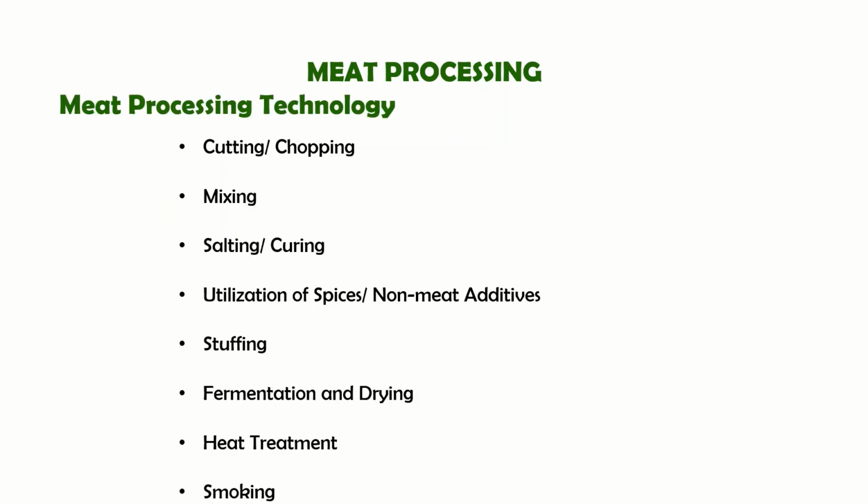Meat processing involves a wide range of physical and chemical treatment methods, normally combining a variety of these methods. Meat processing technologies include cutting or chopping, mixing, salting and curing, utilization of spices and non-meat additives, stuffing, fermentation and drying, heat treatment, and of course, smoking.